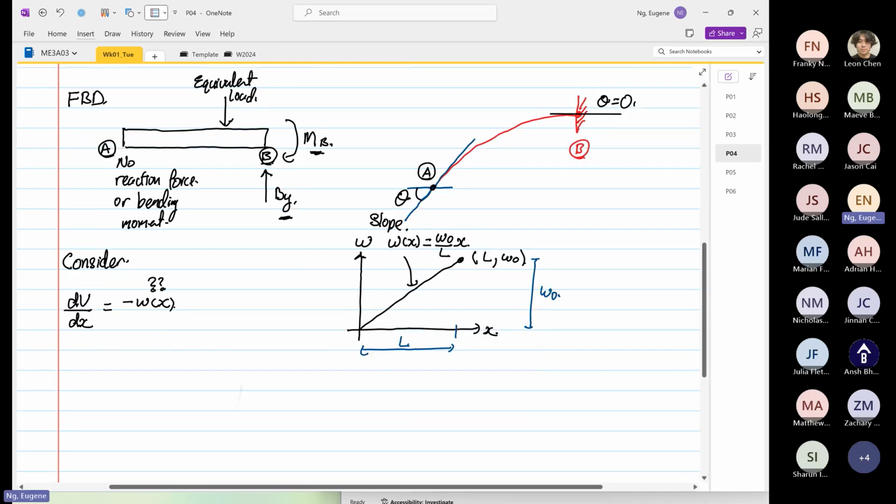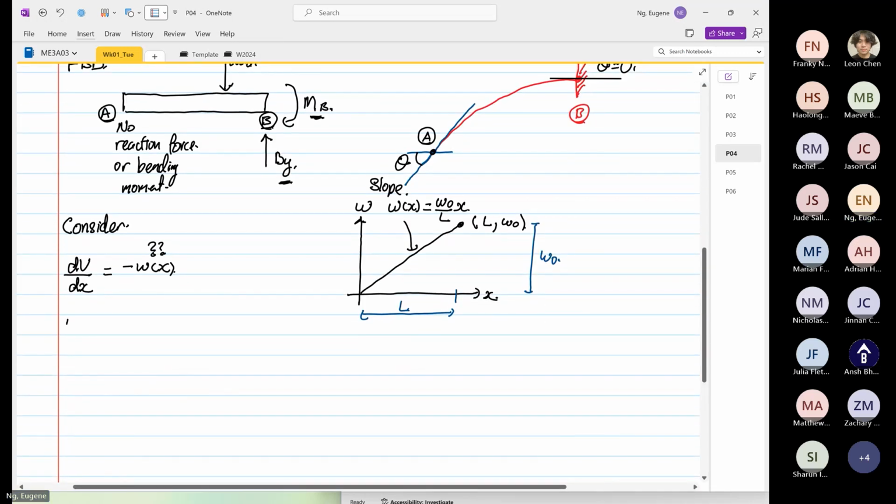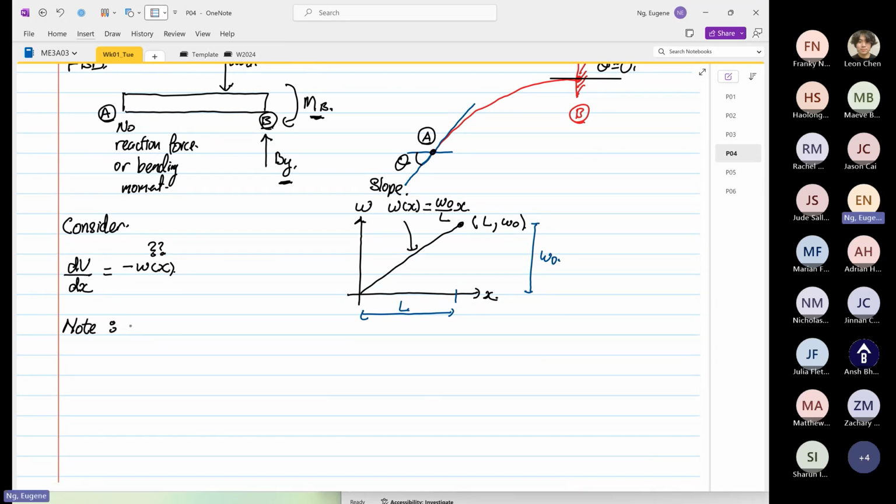So note that omega as a function of x is equal to omega naught over L x. Now we substitute into dV by dx, and now it's equal to minus omega naught over L x.